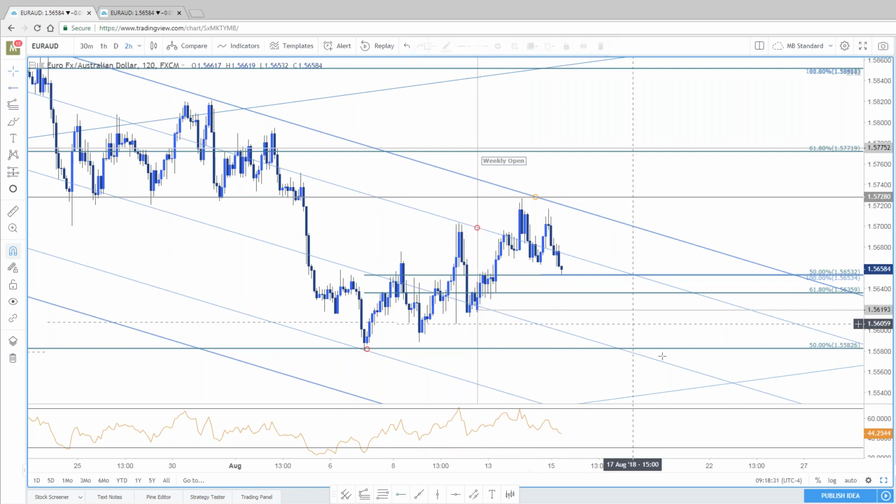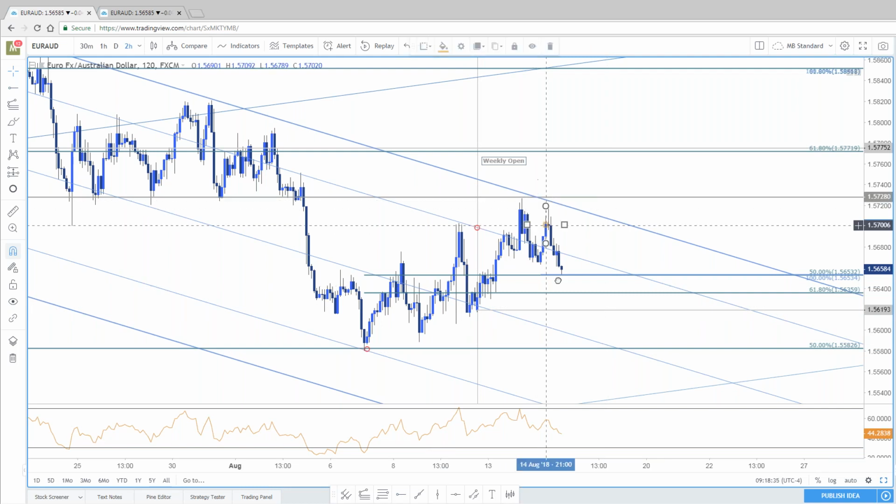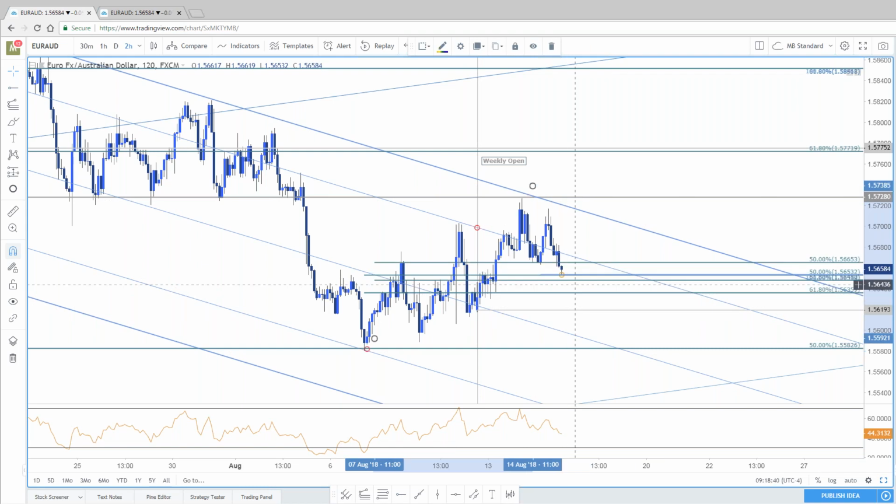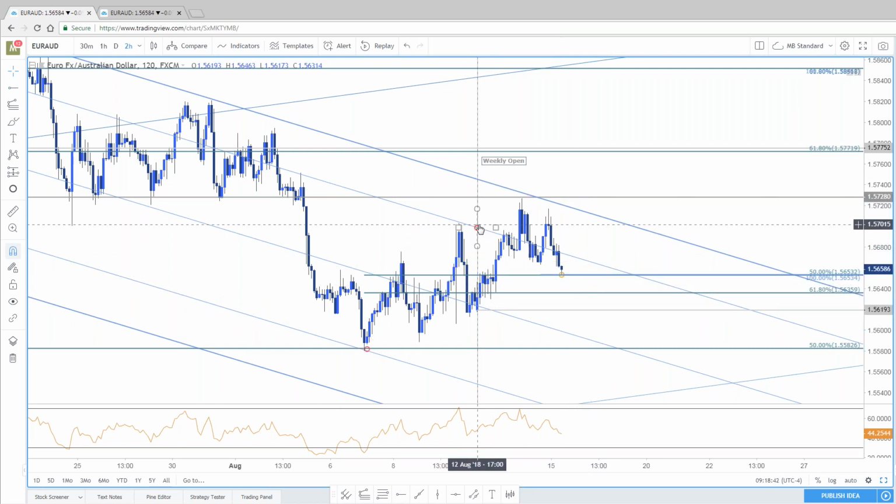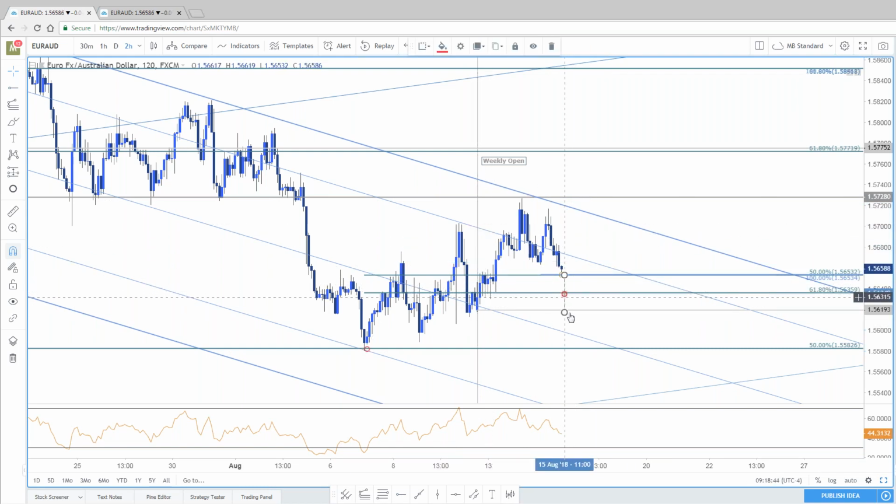Weekly open support. These are all important levels, at least on the immediate front. Okay, all three of these. Downside targets.